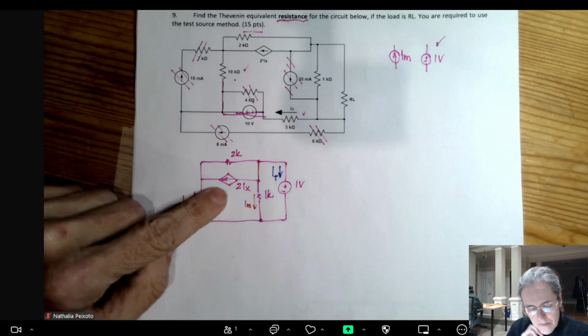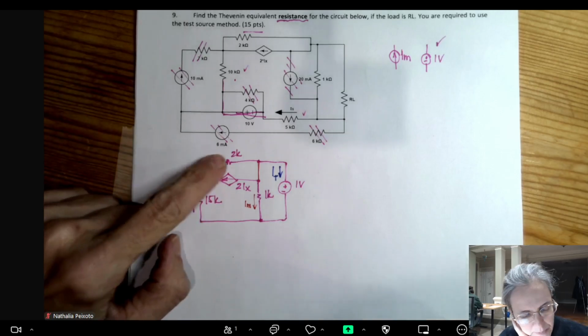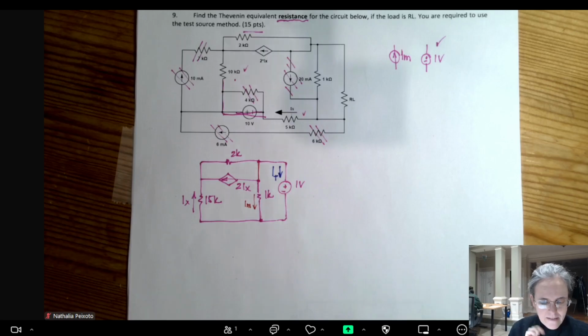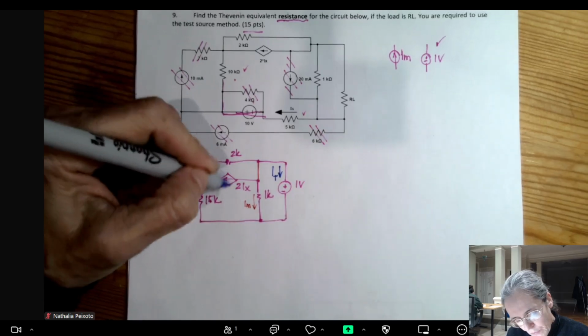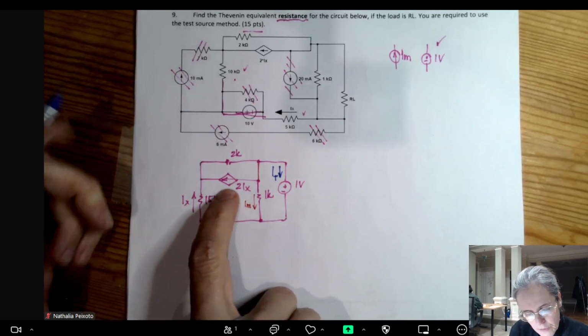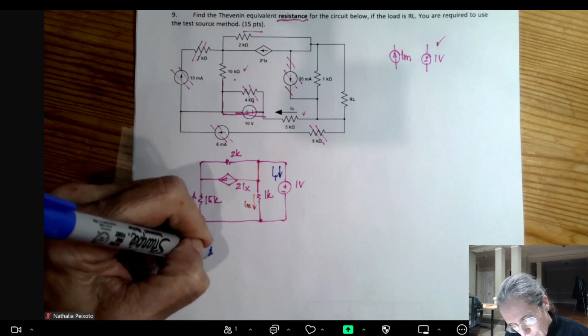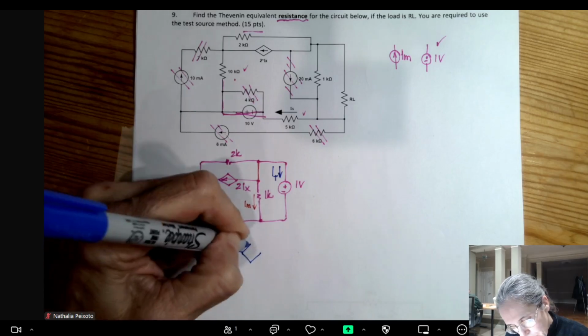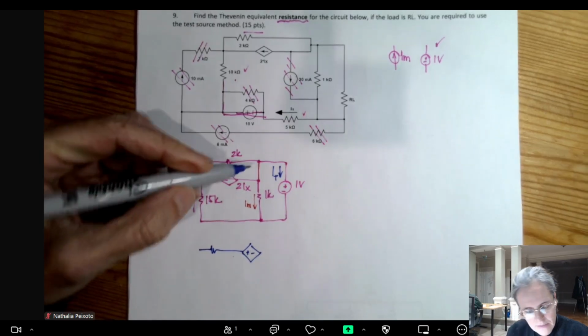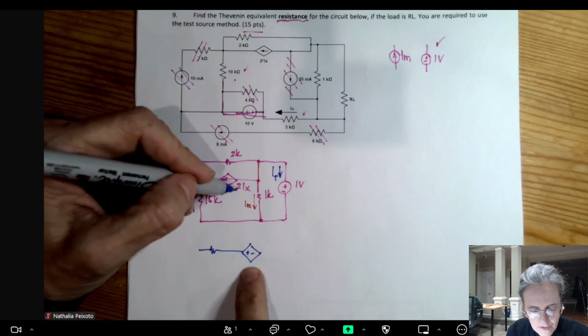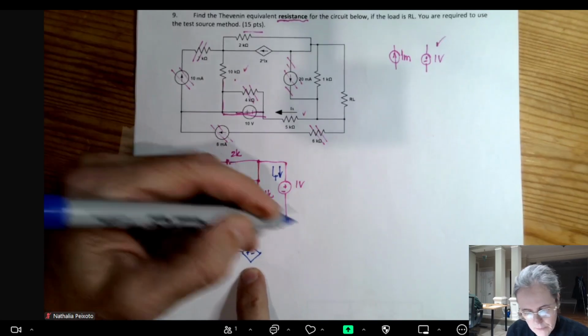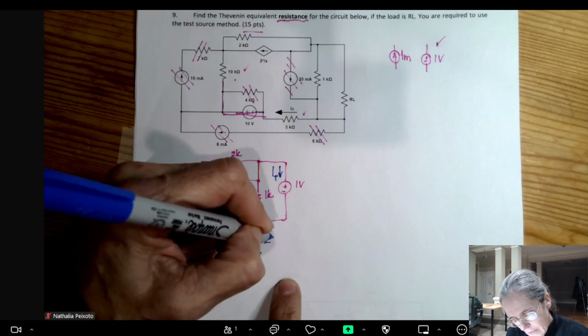And because this is a dependent power supply, I can always source transform, and I'm going to source transform this to make it a dependent voltage supply, and it's V equals IR, so I'm going to say 2Ix times 2K, it's 4K Ix.